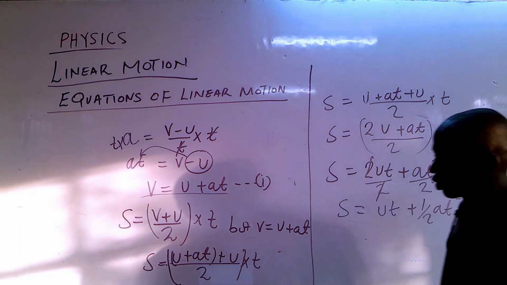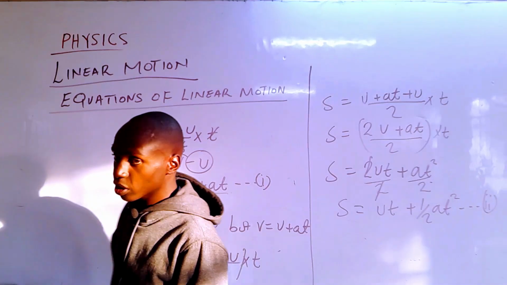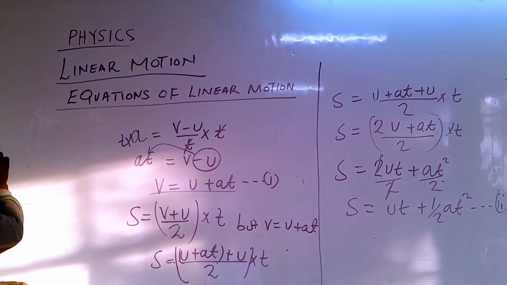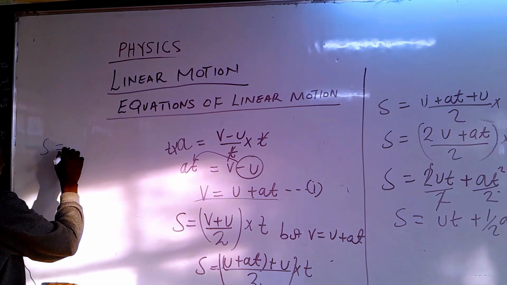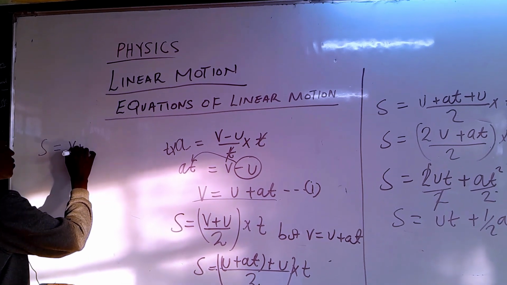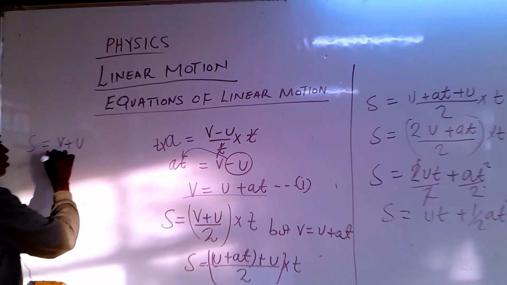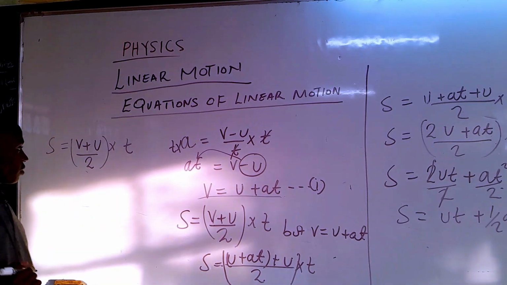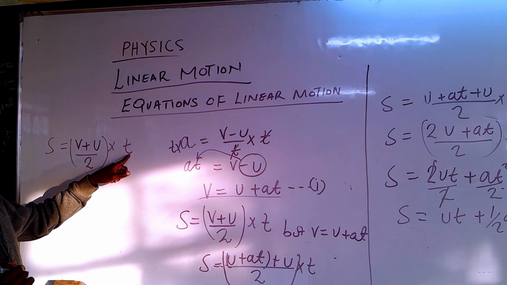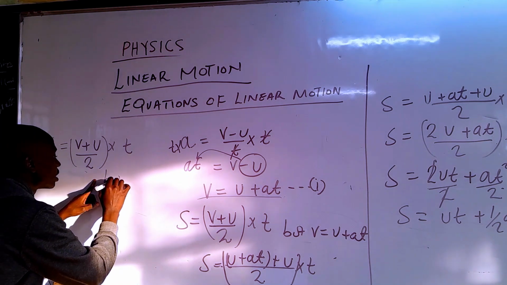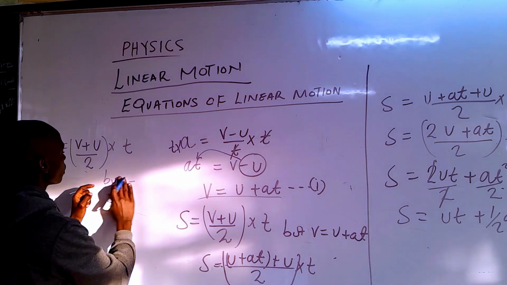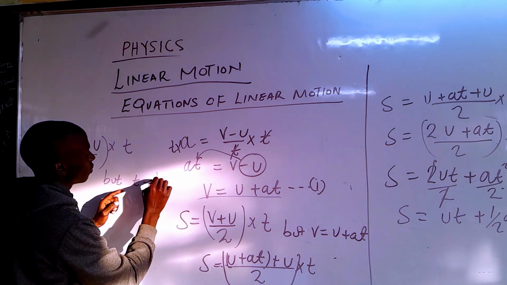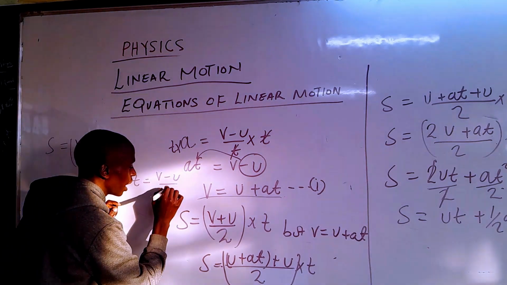We move to the final, and that is the third equation, whereby we are going to use displacement. Displacement s equals the average velocity, which is v, final velocity, plus the initial velocity, divided by 2, multiplied by t. But we know the value of t, t equals v minus u over a.